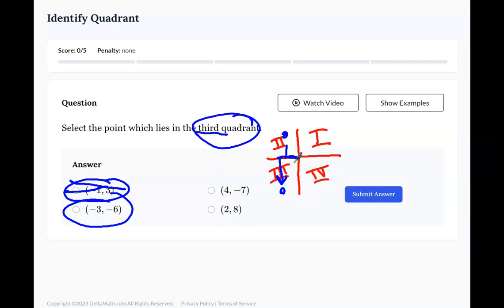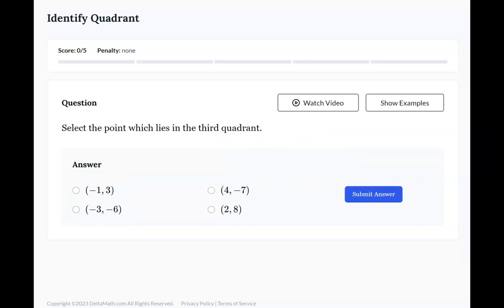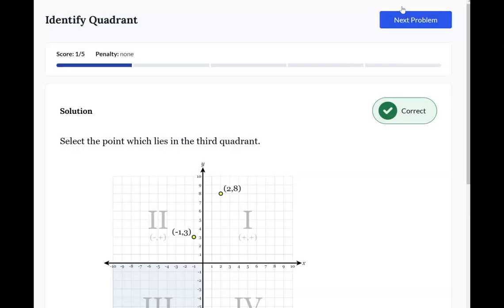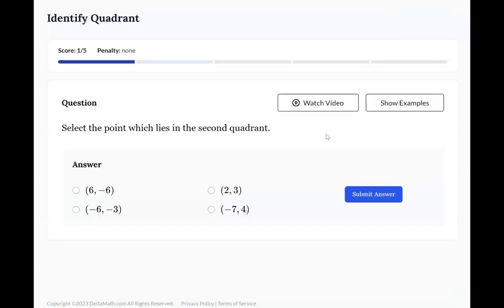If you look carefully, you can see +4, -7 would be here, and +2, +8 would be there. So we're looking for anything in the third quadrant. So you may want to sketch a little coordinate plane on your scrap paper so that you can remember where the quadrants are located. Remember, quadrant 1 is the upper right, and it goes around to the left.